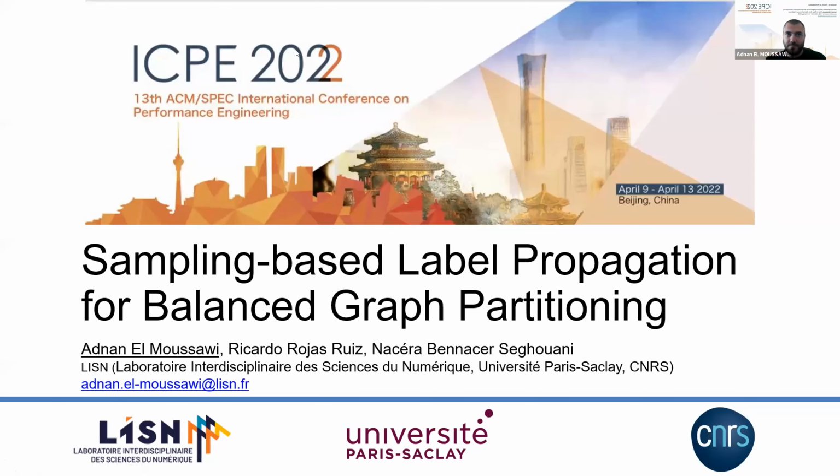Okay. So hello, everyone. I present for you today an experimental paper in which we have studied the impact of sampling on label propagation based partitioning algorithm for graph partitioning.